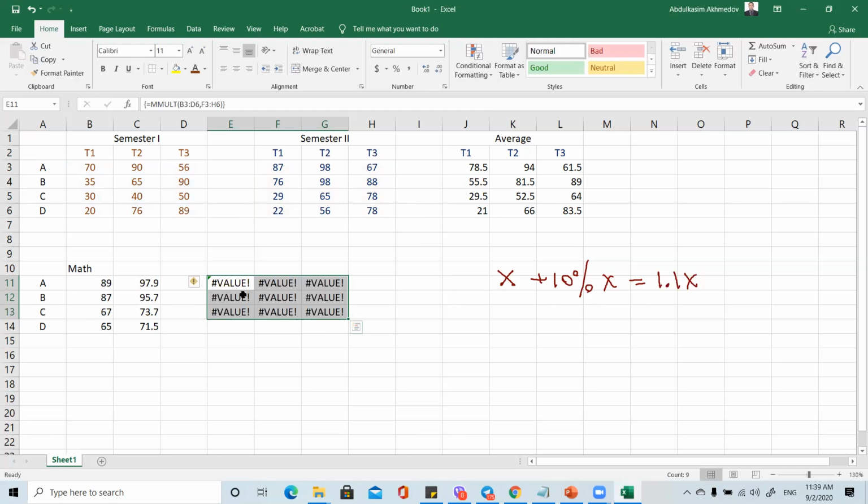Okay, what happened here? As you see, it's wrong because this matrix is 3 by 4, and this one is also 3 by 4.